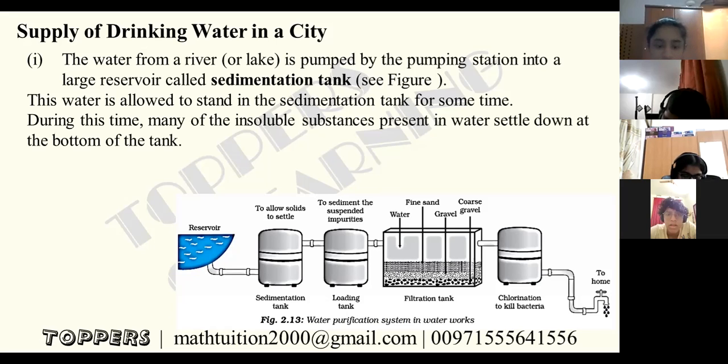During this time, many of the insoluble substances present in water settle down at the bottom of the tank, because they are insoluble, they are heavy, right? So if you allow them to keep in sedimentation tanks, what will happen? That will settle down.